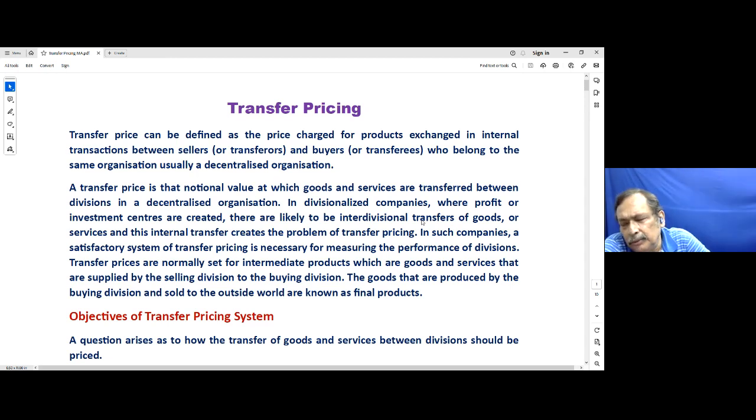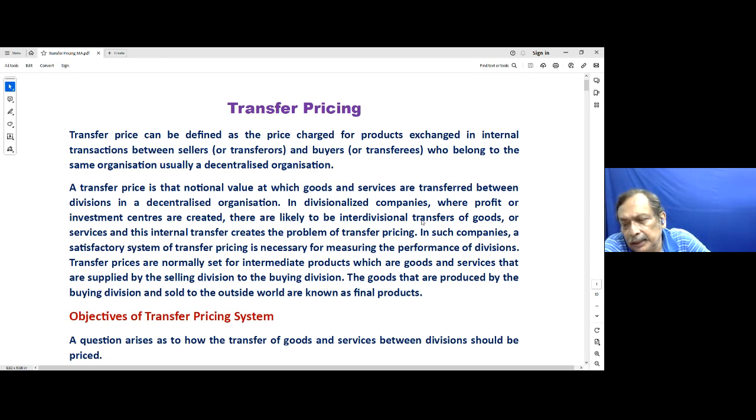And each one should be considered a separate unit where investment has been made, costs are going to be incurred, and revenues are going to be earned, so that there will be adequate return on investment. So these are the basic considerations required in the context of the transfer pricing mechanism.